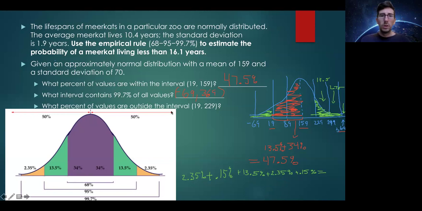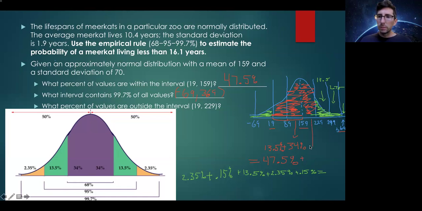So we could add all of this up, or what we could do is first find the percent of values inside of 19 to 229 and subtract that from 100. Because again, if 100 is everything, we subtract what we find on the inside from 100, all we're left with is our green shaded area, which is what we're looking for. We already found that these two pieces make 47.5%.